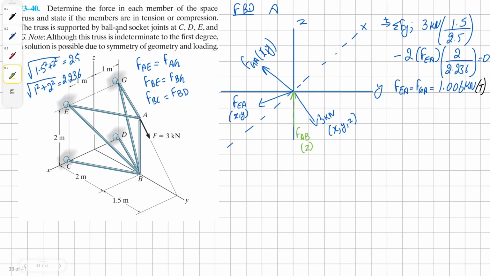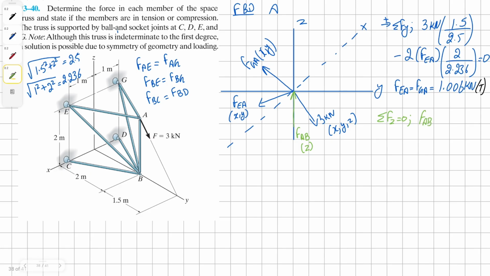Now we can sum the forces in z direction to find our solution for member AB. So we're going to have positive force in member AB.